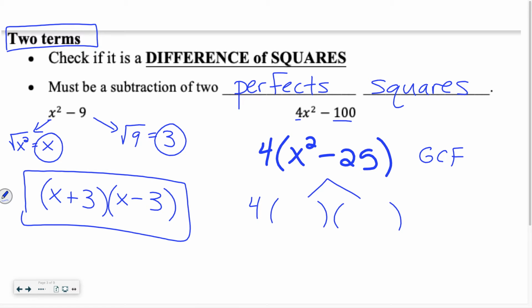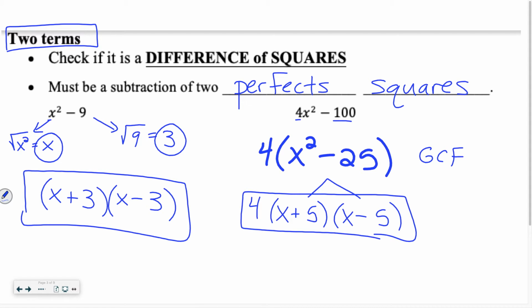The square root of x squared is x and x, and the square root of 25 is 5, so we have a 5 and a 5. And then there's 1 plus and 1 minus. So we end up with 4 times x plus 5 times x minus 5. So we had to do a GCF, and then we did a difference of squares. So this one had multiple parts.